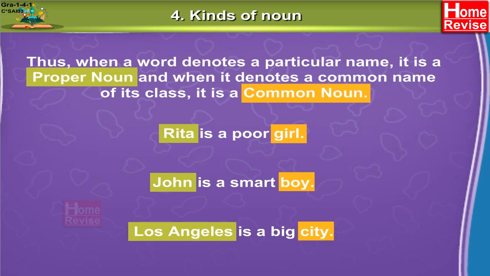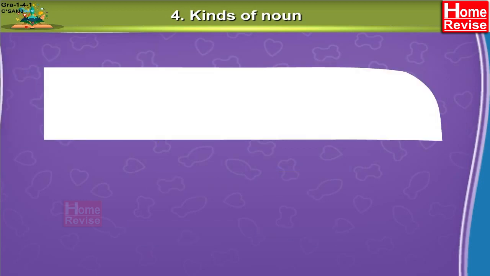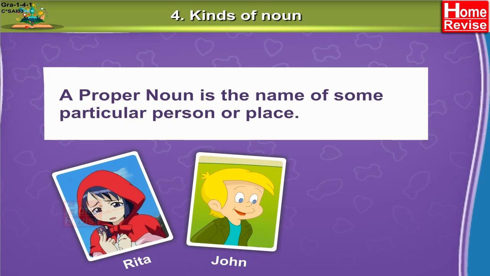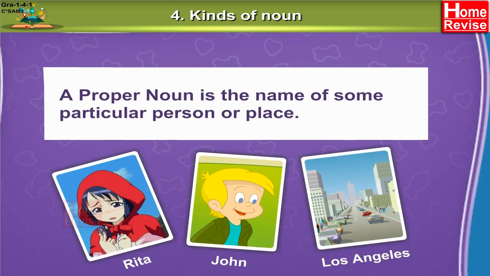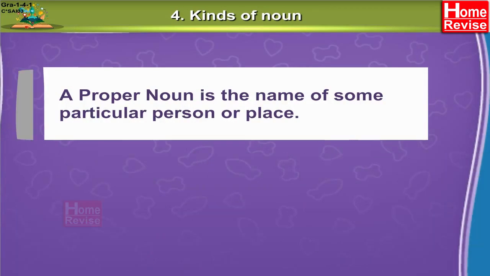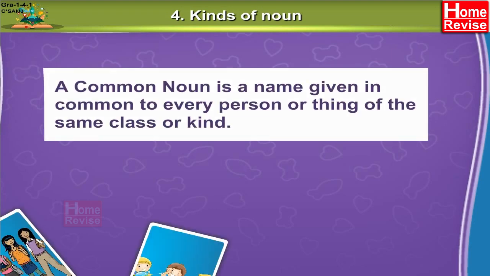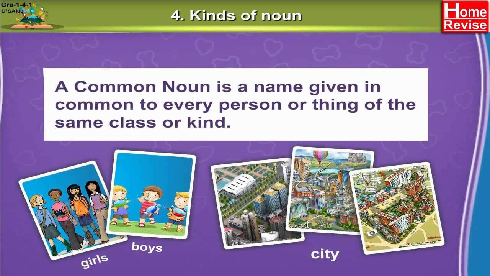So, can we say that the definition can be: a proper noun is the name of some particular person or place. And a common noun is a name given in common to every person or thing of the same class or kind.